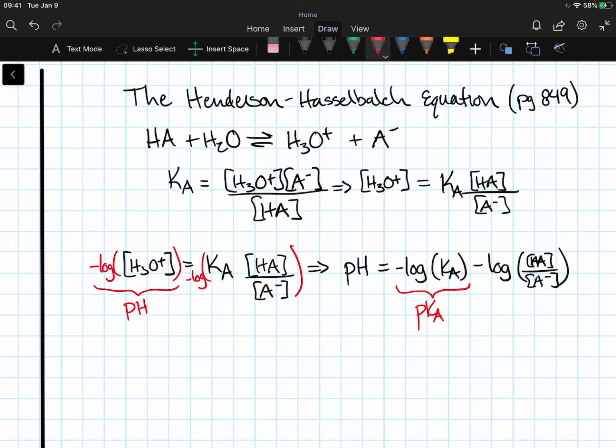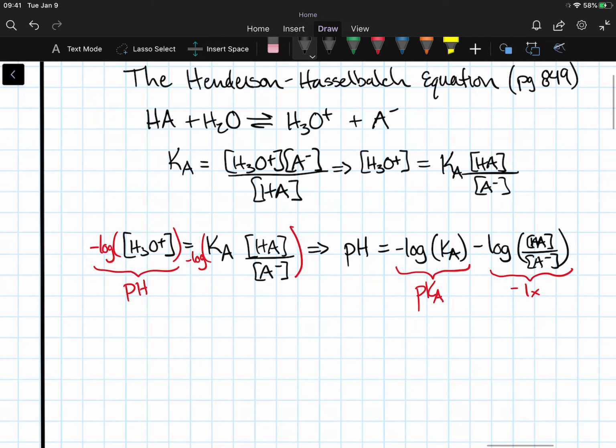We're going to flip A minus over HA, which is really just multiplying by negative 1. And so we end up with the final equation, the Henderson-Hasselbalch: pH is equal to pKa plus the log of A minus over HA.